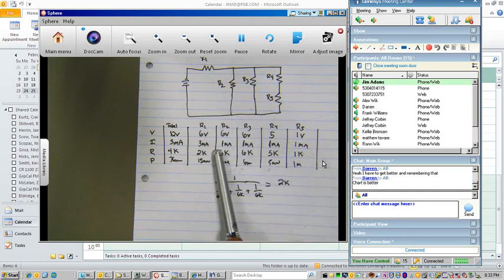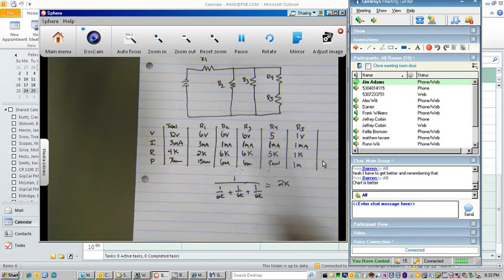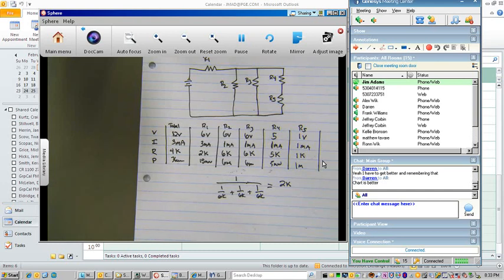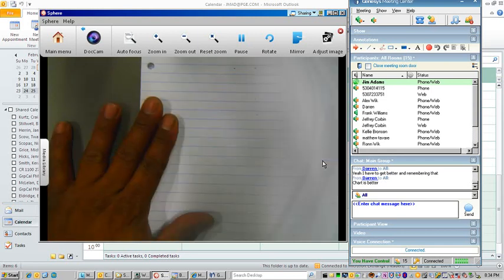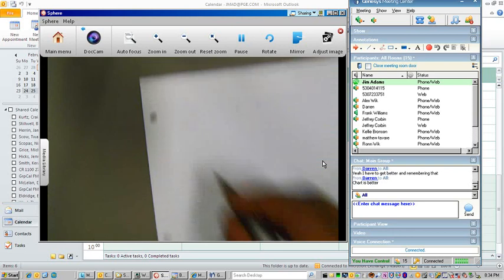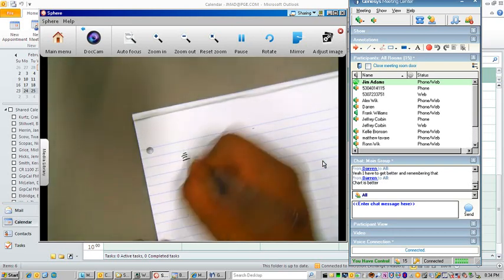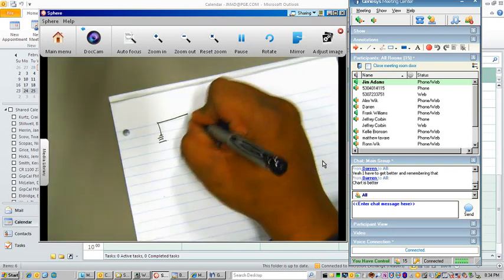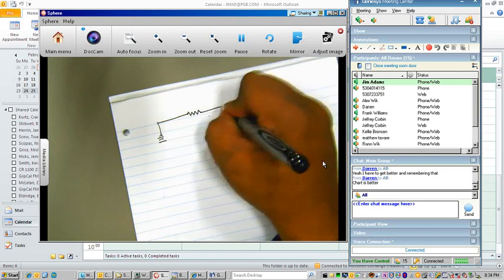So 2K for all of these plus this 2K in R1 gives us a total resistance of 4K. Any questions of how I got that one?